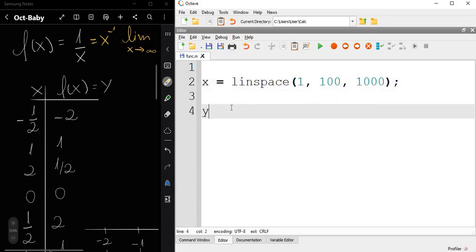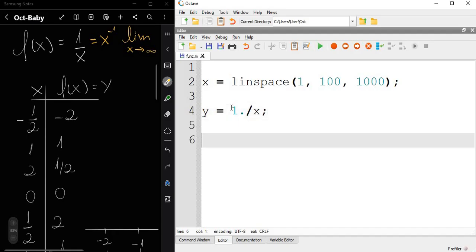And now let's build the function 1 over x. And now let's plot the function.